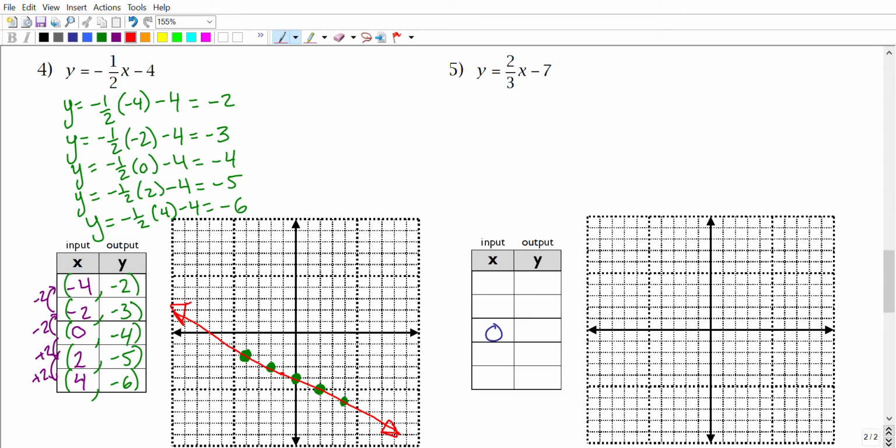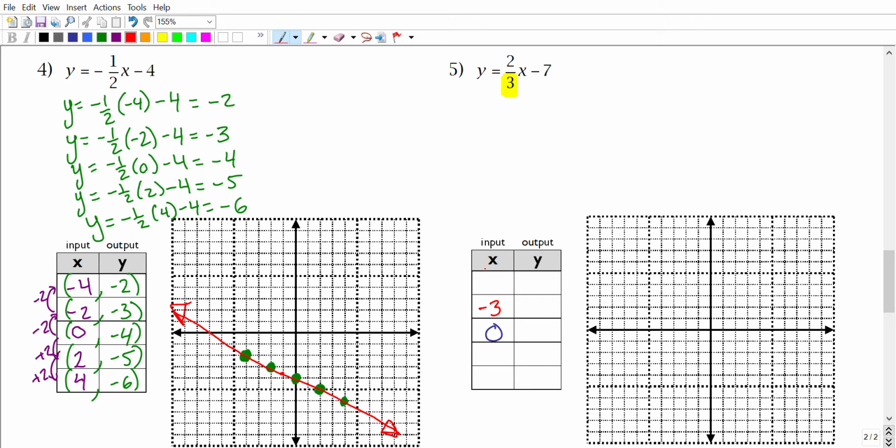So again, what do we think we should go down and up by? Well, I see that here we have a slope that has a fraction. So I would definitely say we should try to use our table of values with values that go down and up by 3.